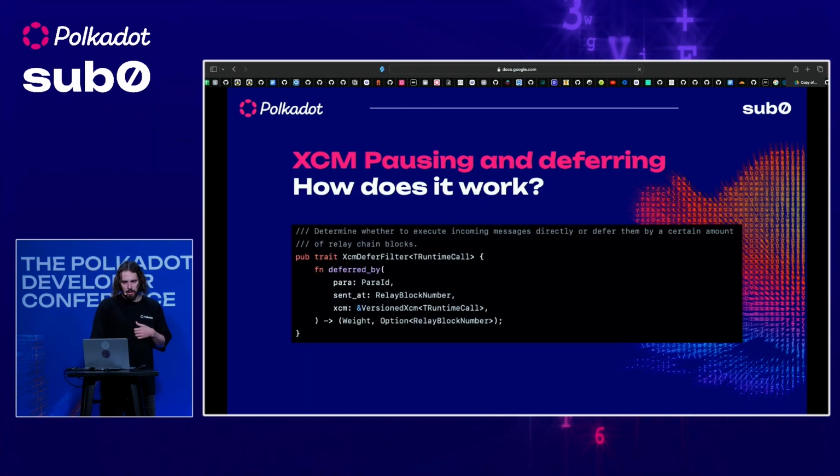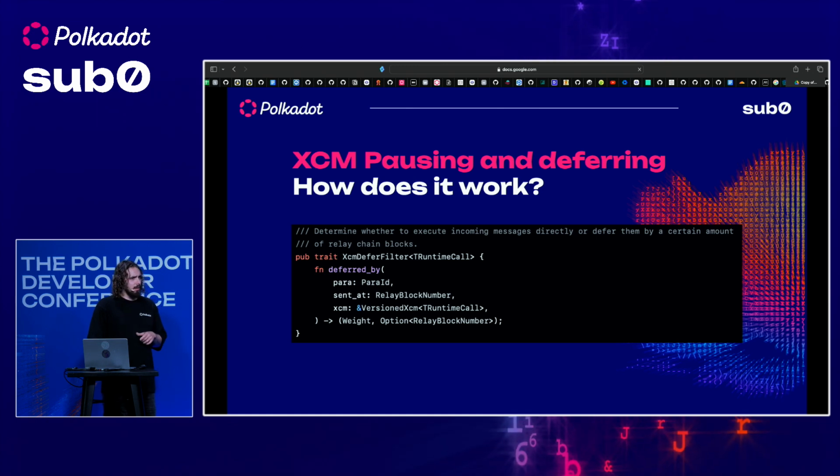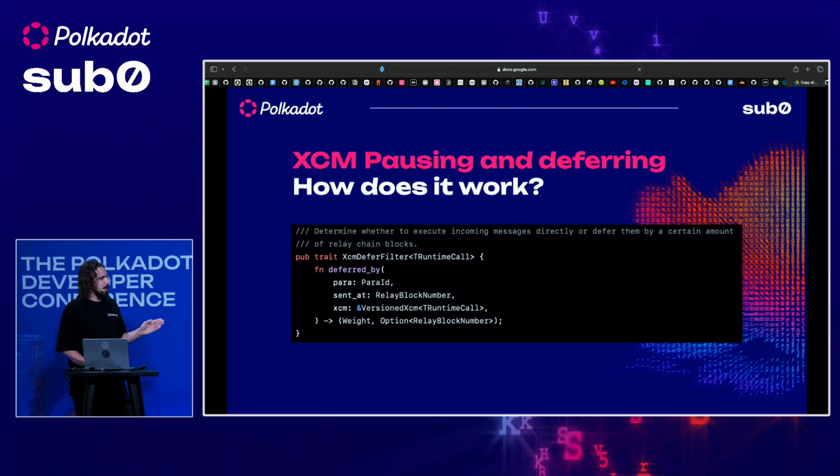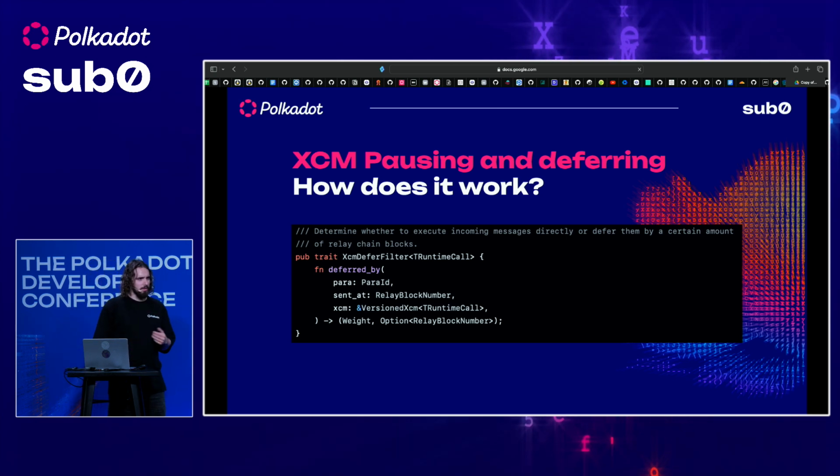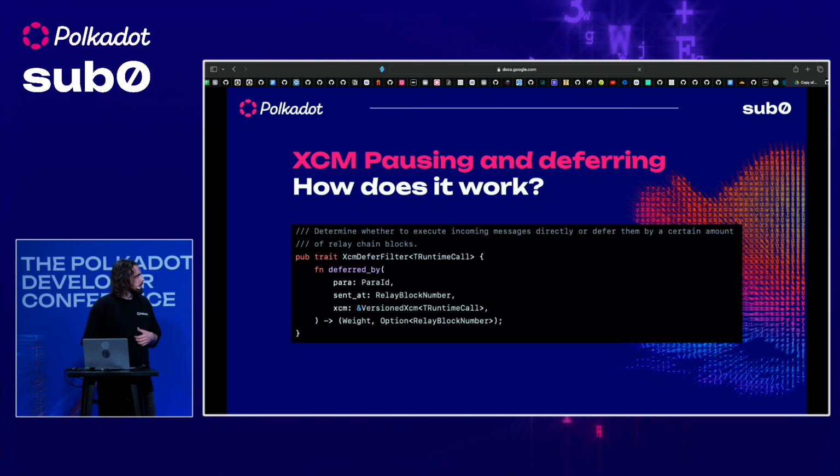So we took this pallet, which is a standard Cumulus pallet, and plugged the defer filtering inside of it.